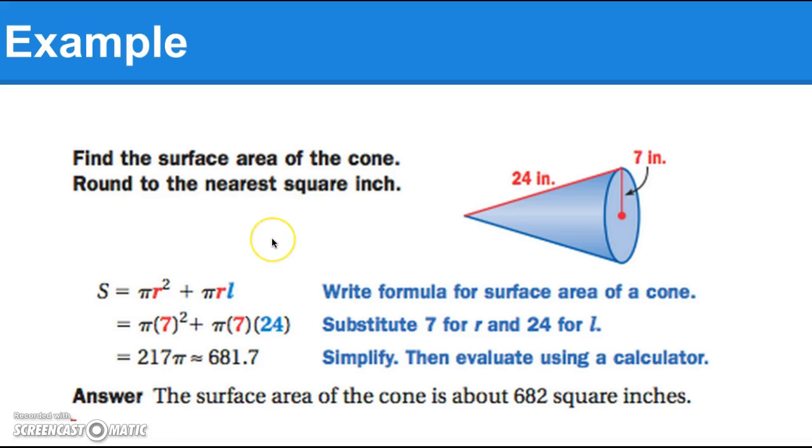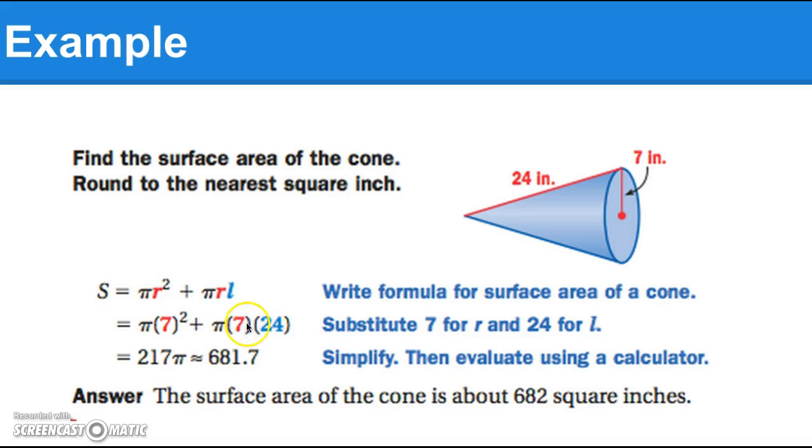More often than not, when students make mistakes here, it's on calculation errors. They try to rely too heavily on that calculator, and you want to be careful of that. One thing that the textbook does that I also like to do is it puts things in terms of pi until the very end, and then it multiplies by 3.14.